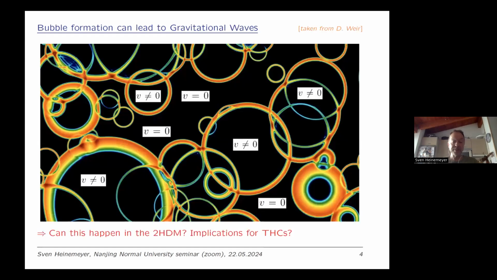Now, what happens in that moment when we have this tunneling through? How can we picture this? What happens is that at several places in the universe, here or here, we tunnel through, and then the space where we are in the real vacuum with the VEV non-equal to 0 expands at nearly the speed of light and forms these bubbles.